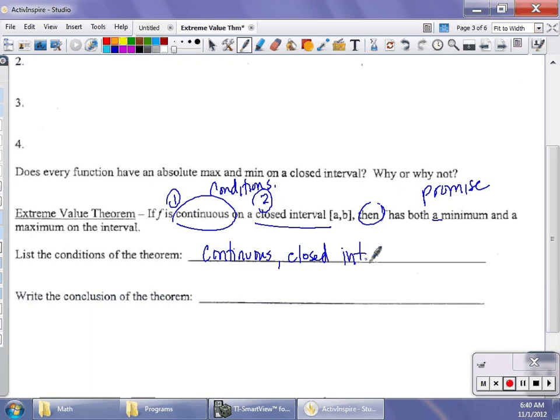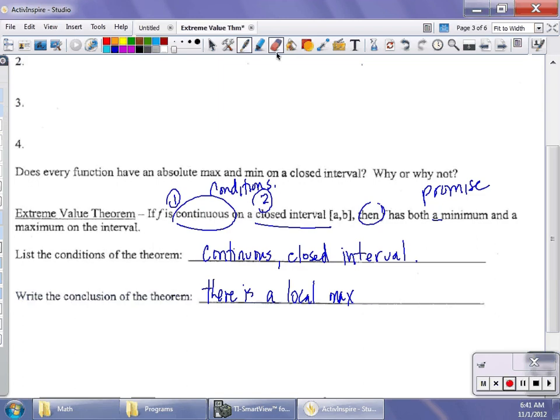So there can be no breaks, gaps, or holes on the closed interval. The function itself might have discontinuities, but on the closed interval there can be no discontinuities. The conclusion or the promise or the guarantee of the function is there is a local max.